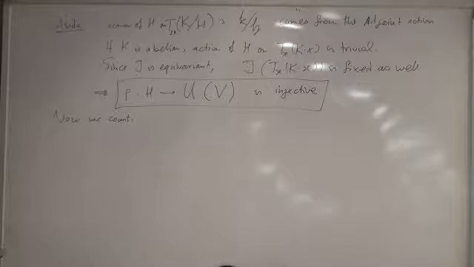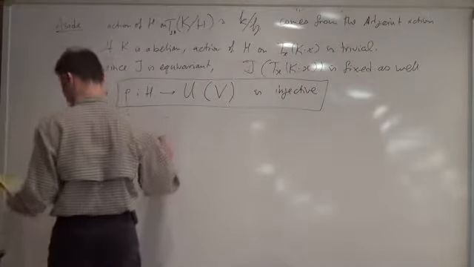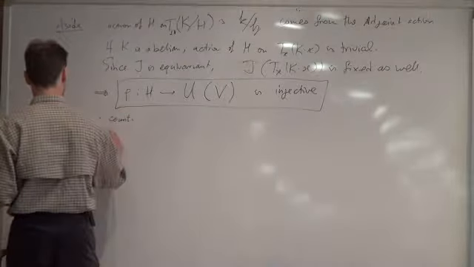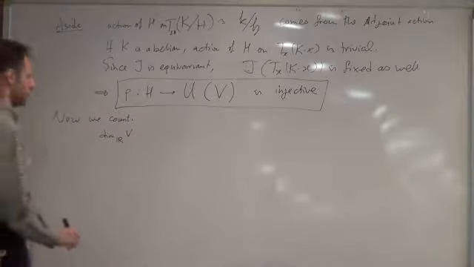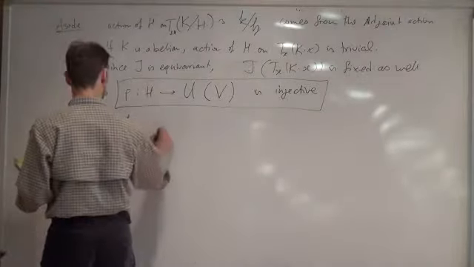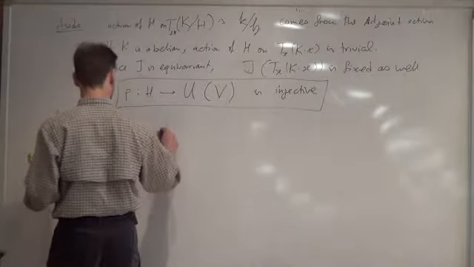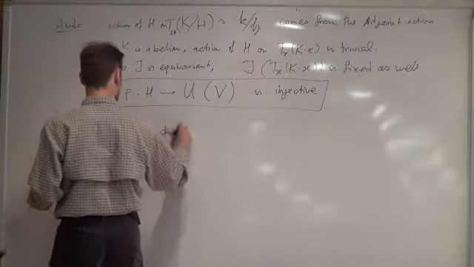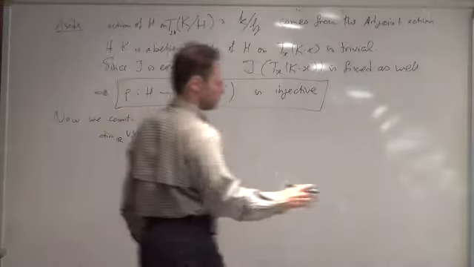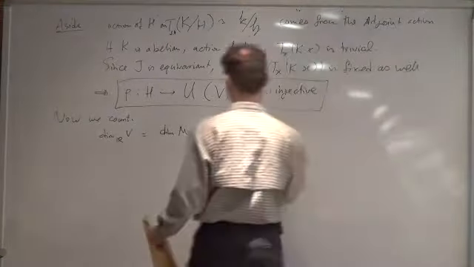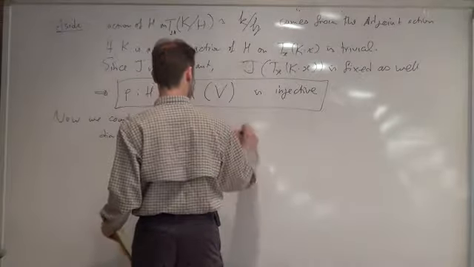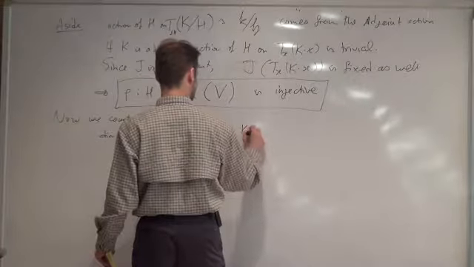Let's see. What's the dimension of V? Let's compute the real dimension. That's dimension M minus this piece, twice the dimension of the orbit.